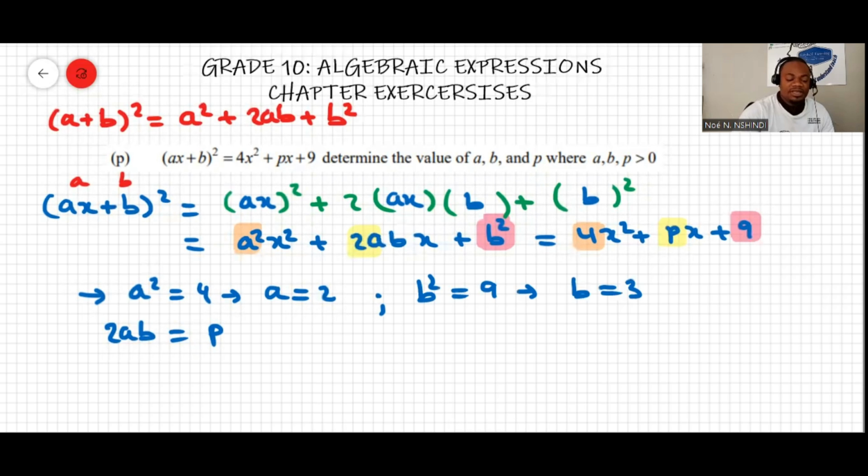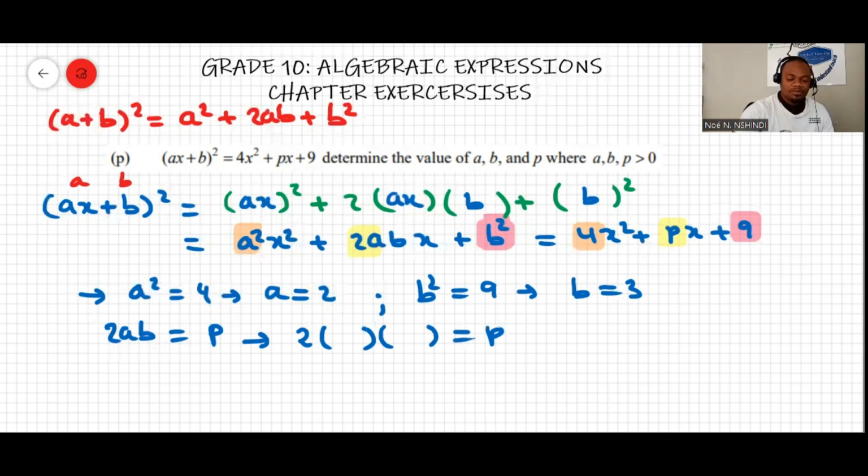So I don't really need to calculate this, because I have a and b. Let's say I also have the value of p. Then fine, we can do that. We know the value of a and b, so it's 2ab equal p.